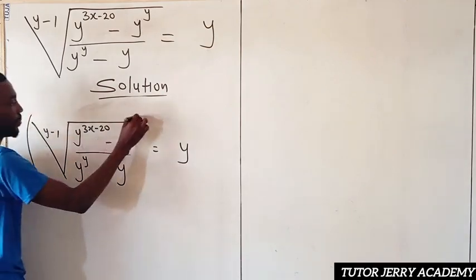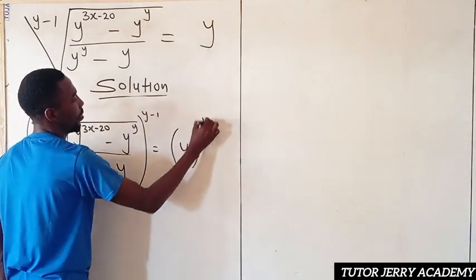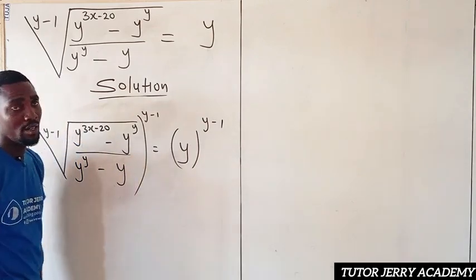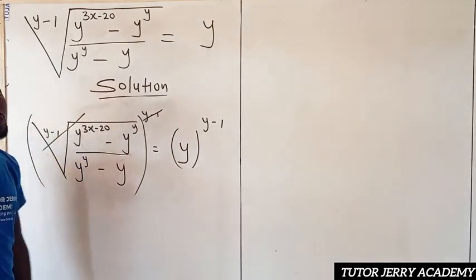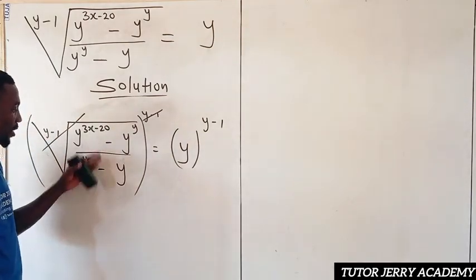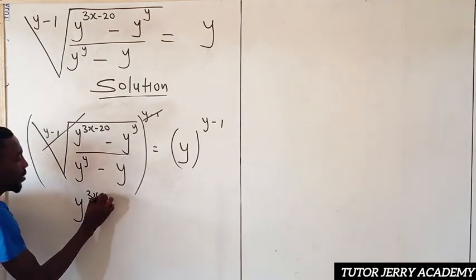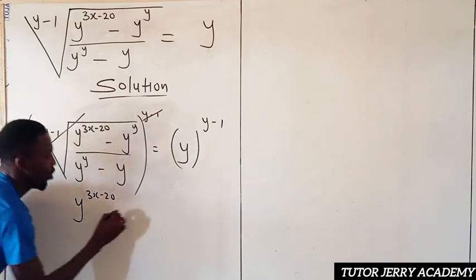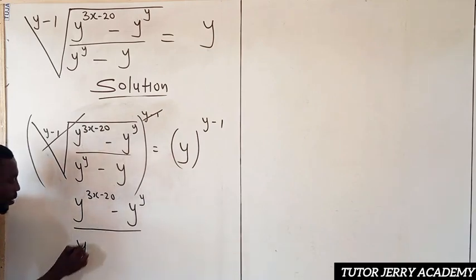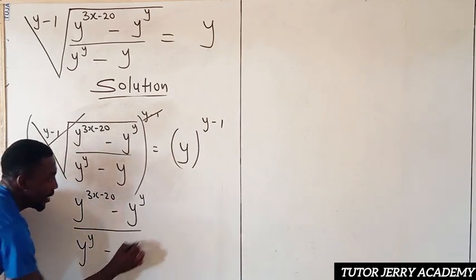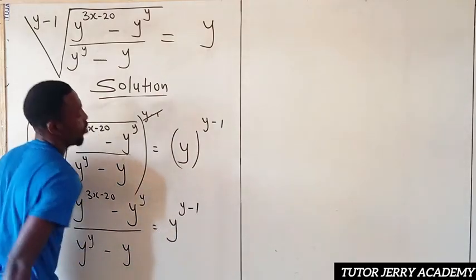So I'm going to multiply the power of both sides by y minus 1 here, y minus y. So now you can see that this y minus 1 here will cancel out the square root for us. So we'll be left with y to the power of 3s minus 20 minus y to the power of y, all over y to the power of y minus y, equals to y to the power of y minus 1.